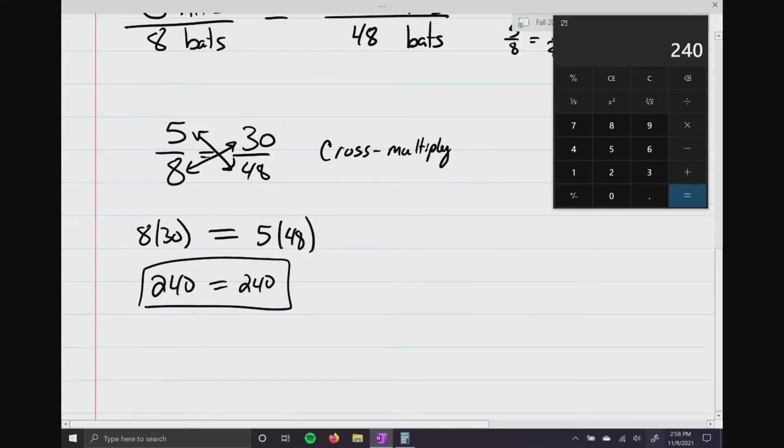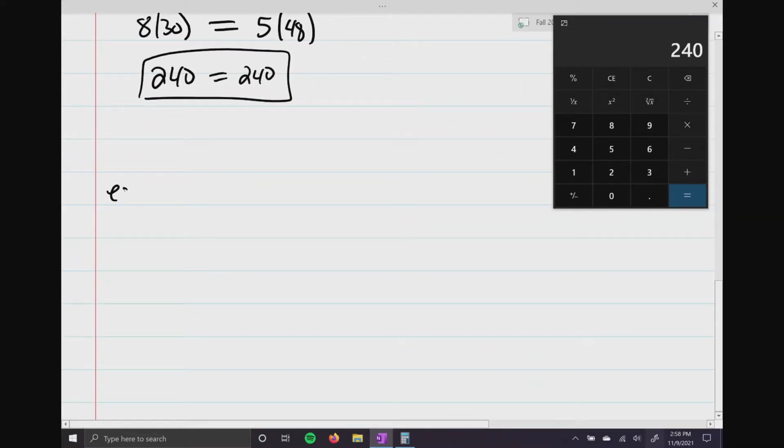Okay? So if that's the case, then you can solve problems. Here's a really easy one. Let's solve x over 63, which equals 4 over 7. Notice you got a fraction equal to a fraction, which means you can cross multiply. So I'm going to take 7x, and I'm going to set that equal to 4 times 63.